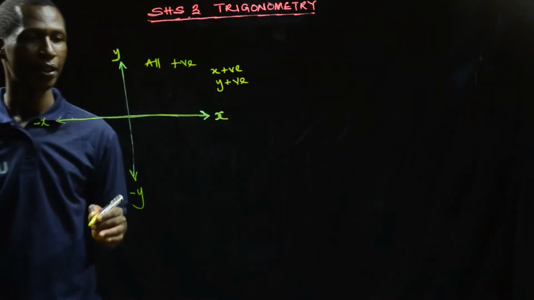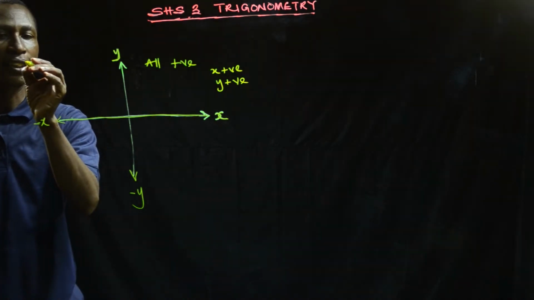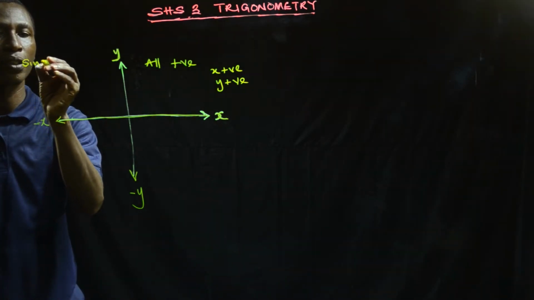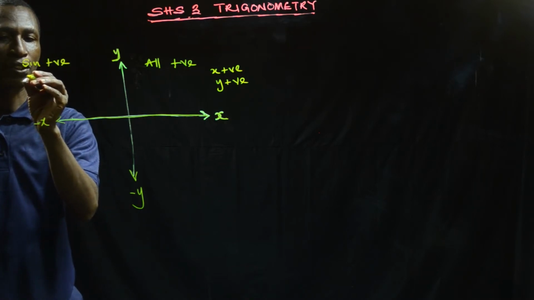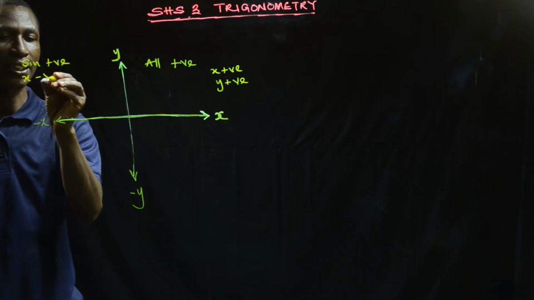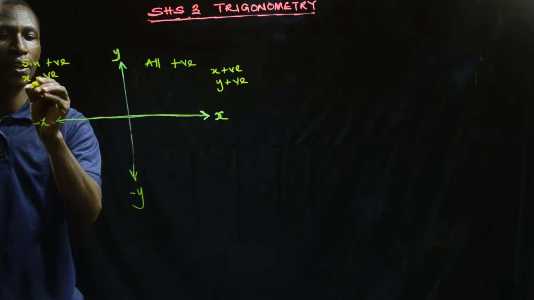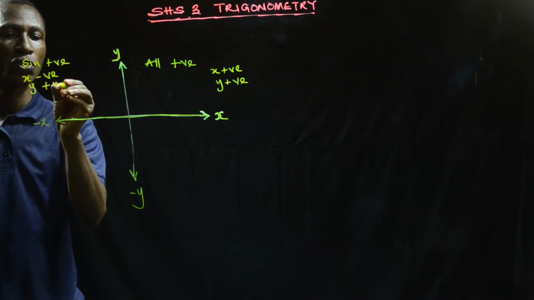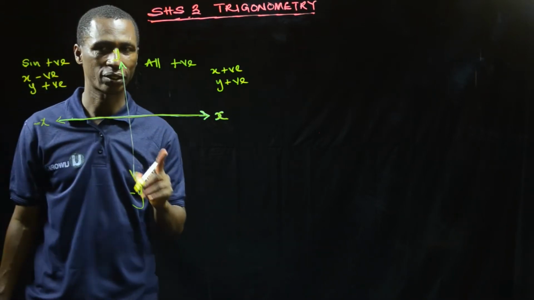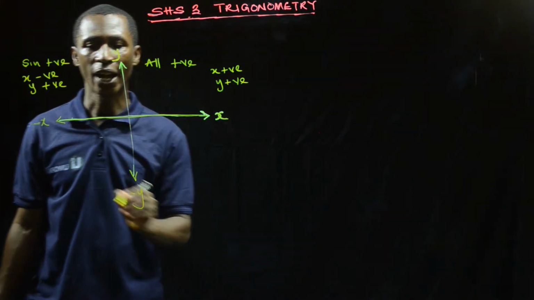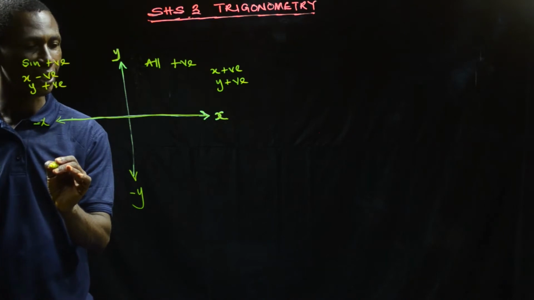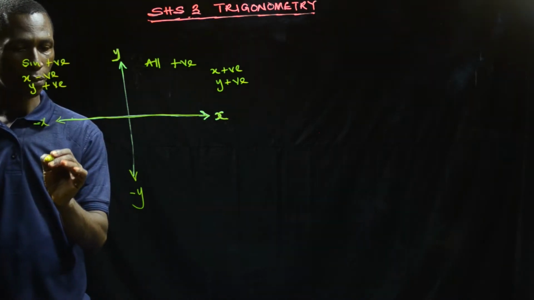When I come here, only sine is positive. At this point, we've gotten X to be negative and Y positive. We will look at the range that will contain this. Good. Then when I come to this place, only tangent is positive.